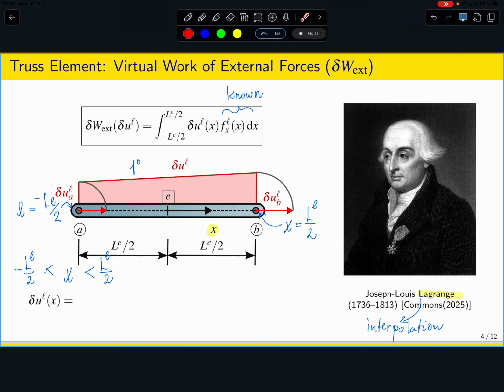So I need to write down the function, which is linear, this is what I know, and attains 0 in this particular point, where x equals LE over 2. So can someone help me with translating this expression into the format which will be 0 at the corresponding node?